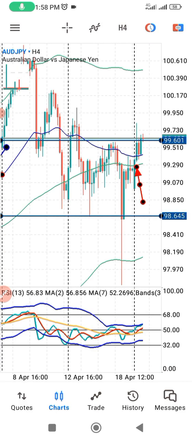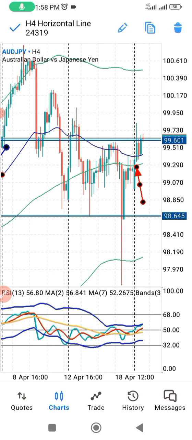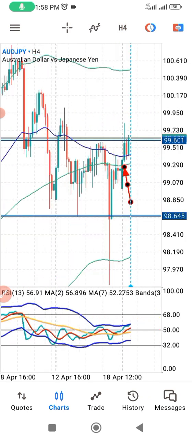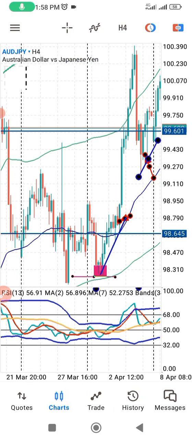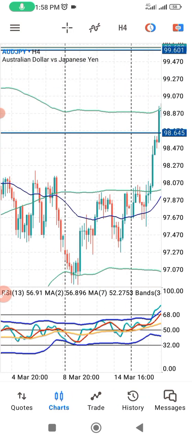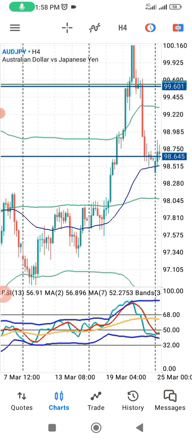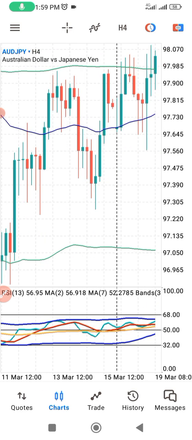We've made a video on how to mark out our support and resistance zones before, so you can go back to watch those videos. Okay, you mark out those zones, your points of failure and points of reaction. Once those zones are marked out, you are good for your entry.